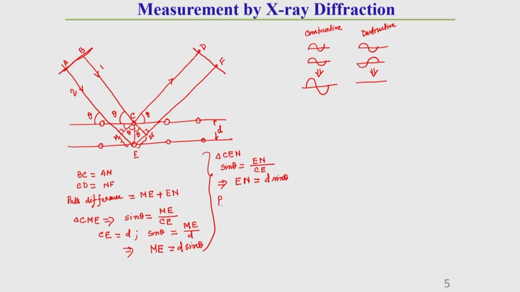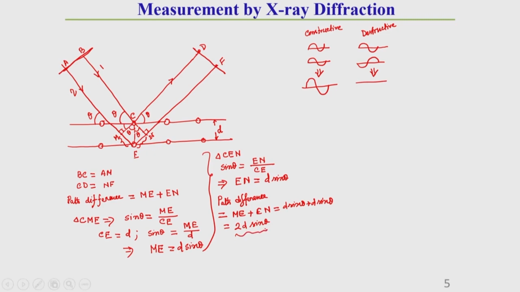From here we can say path difference is equal to ME plus EN, and this will be equal to 2 D sin theta, because this is D sin theta, and this is also D sin theta. So this will give us 2 D sin theta.